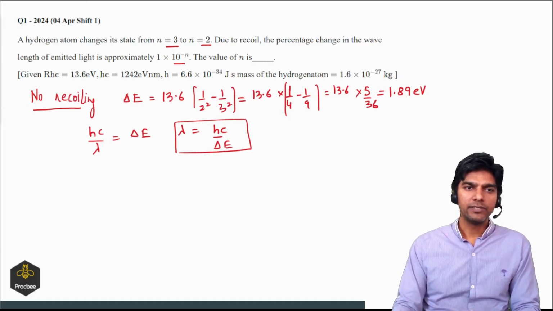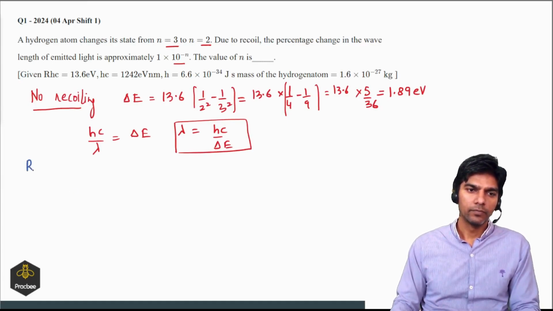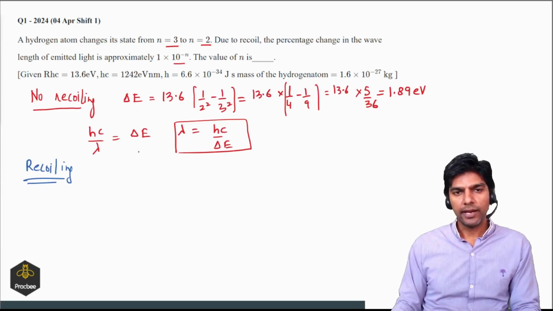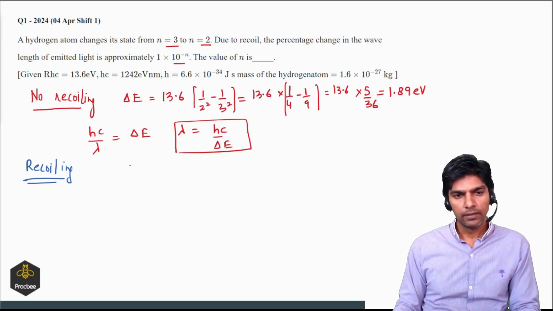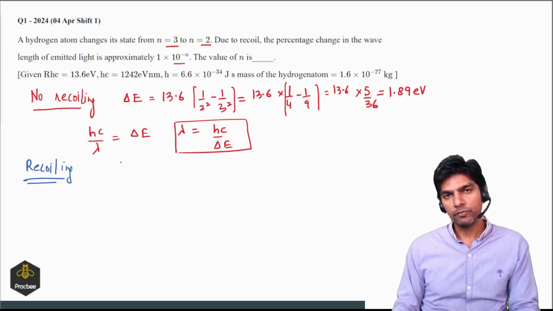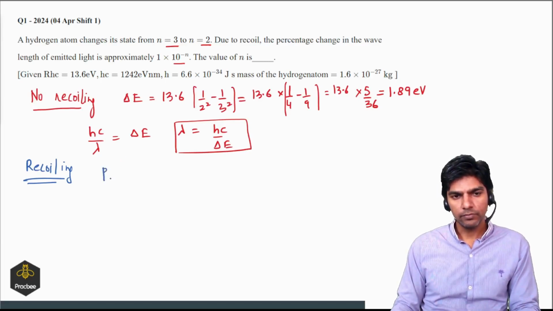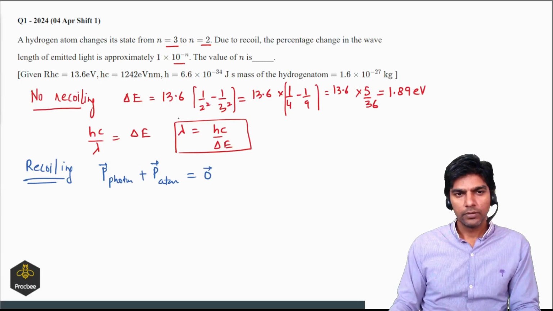But suppose we consider recoiling. In that case, some of this energy will also go into the kinetic energy of the atom. And we know that the linear momentum will be conserved. So we can say the linear momentum of the photon and the linear momentum of the atom should add up to 0, right?